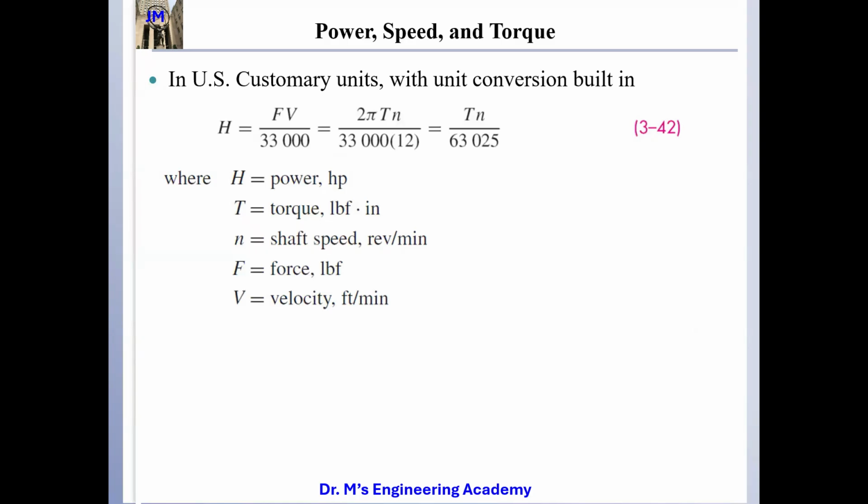H equals F times V, with V the velocity in feet per minute, F the force in pounds force, N the revolutions per minute, and T the torque in pound force inches. Then H will be the horsepower. 1 horsepower equals 735 watts.